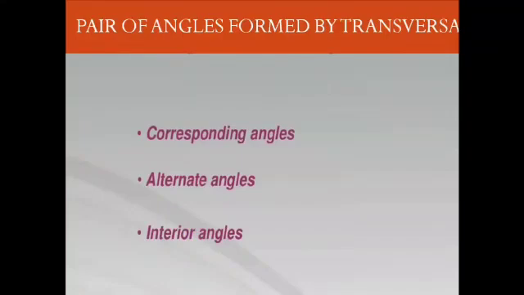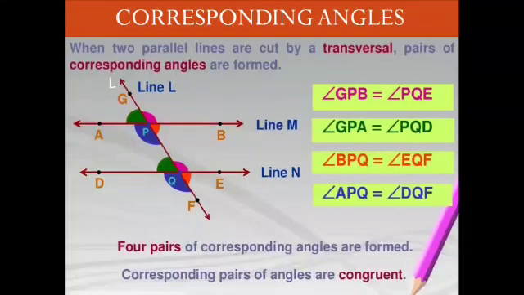So now let's understand the pair of angles formed by a transversal. When a transversal cuts two lines, the following pairs of angles are formed: corresponding angles, alternate angles, and interior angles. Corresponding angles.